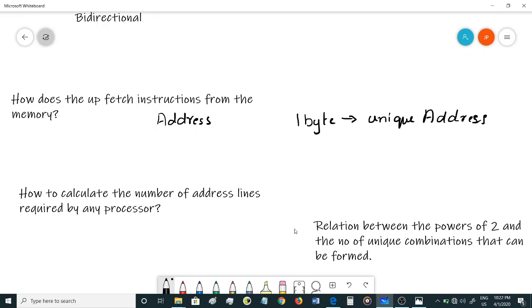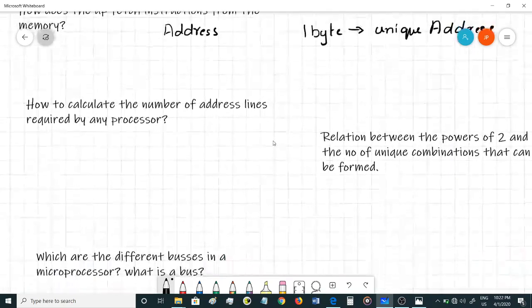Now, where do you put the address? You put the address on the address bus. Now there are three buses in the MUPI: the address bus, the data bus, and the control bus. Now what is a bus?